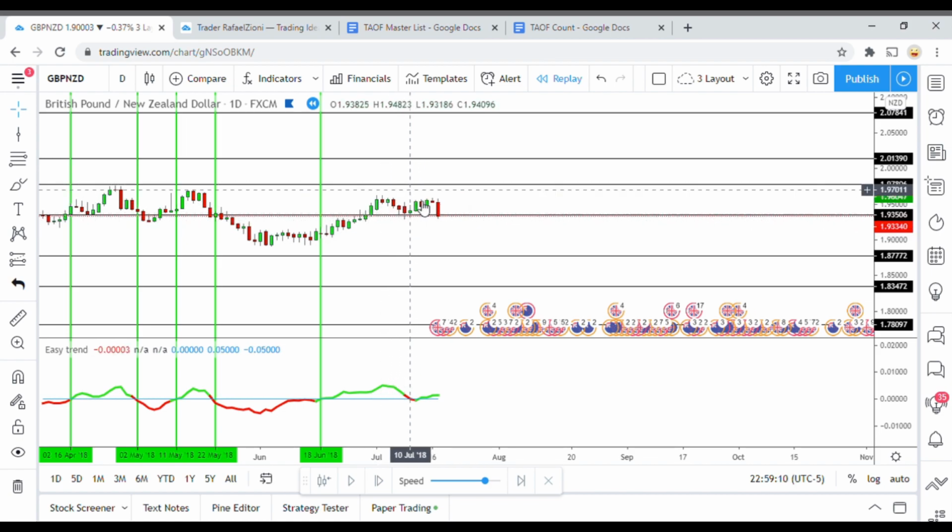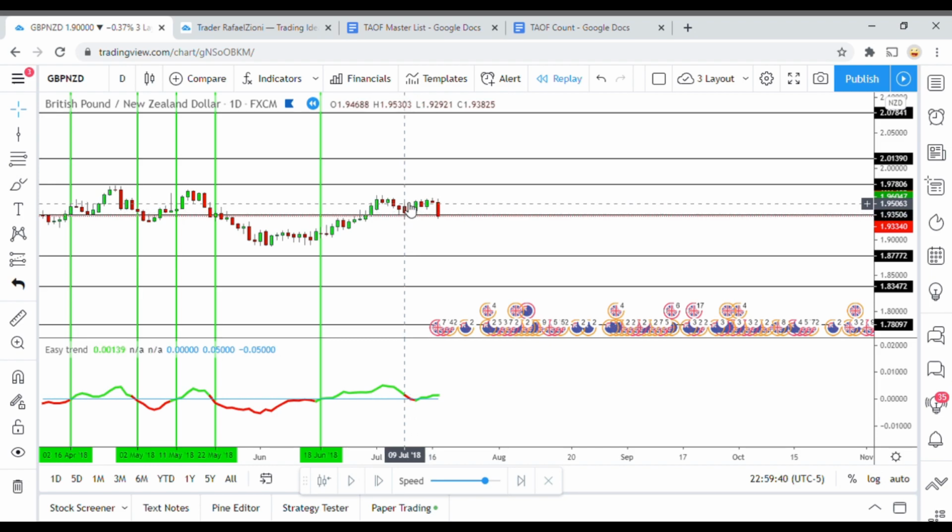Now, alternatively, here on this side, you can see that we came up here strong, then we came down, and we broke down below this area of support here, and we were getting a short signal, but we were running right into this area of market structure.